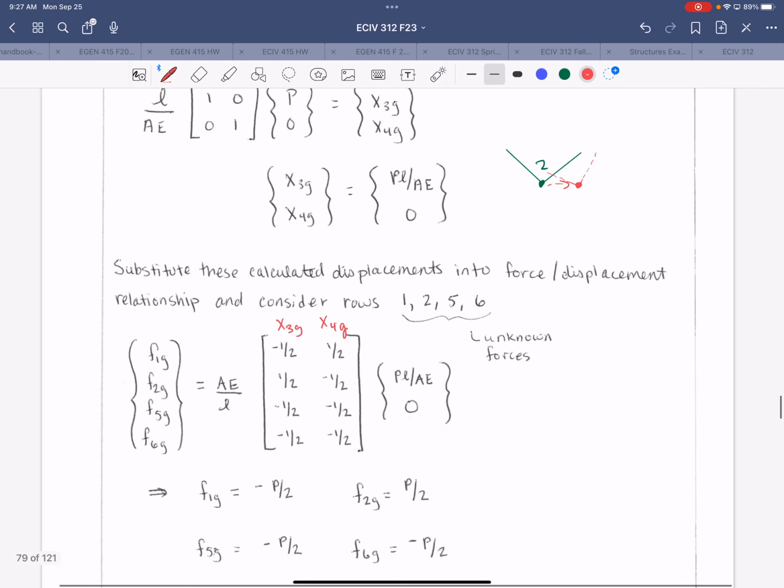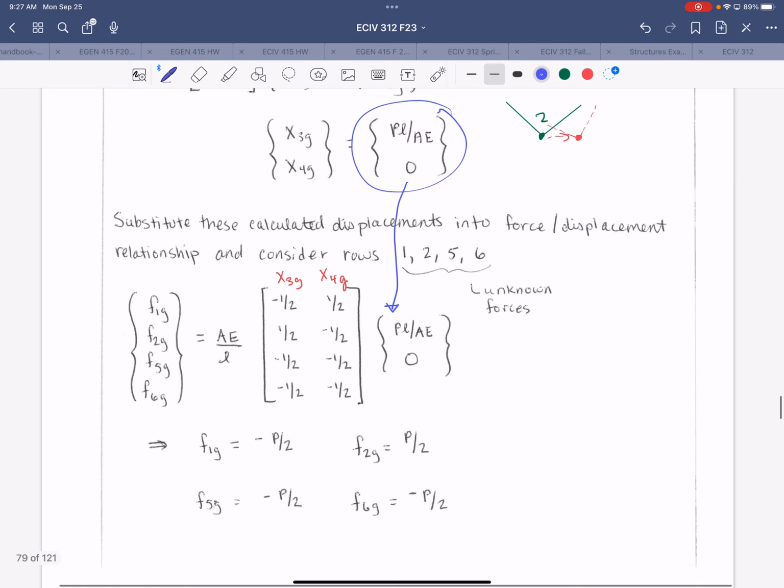All right, so what I want to show here. We're going to take this, plug it in right there, and then solve for the reaction forces. So at node 1, just sketching our results, F1g was the horizontal, and that's a negative direction, magnitude P over 2.